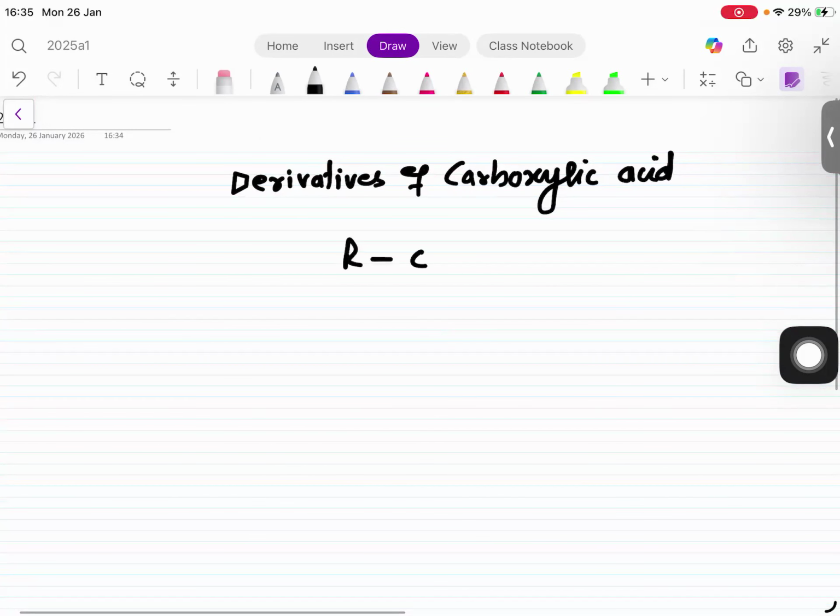Carboxylic acids are organic compounds which contain this functional group, and the compounds in which you replace this OH with any other atom or group which does not contain carbon directly attached are categorized as derivatives.